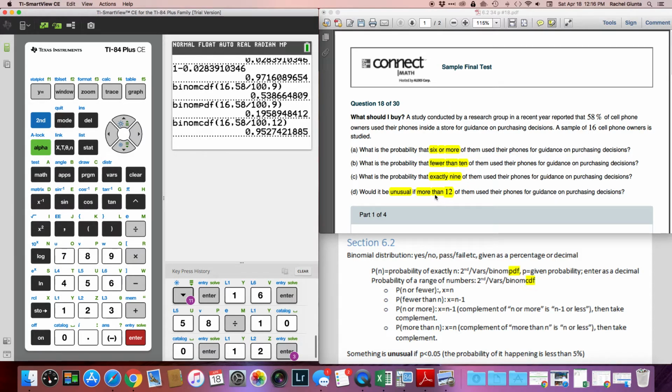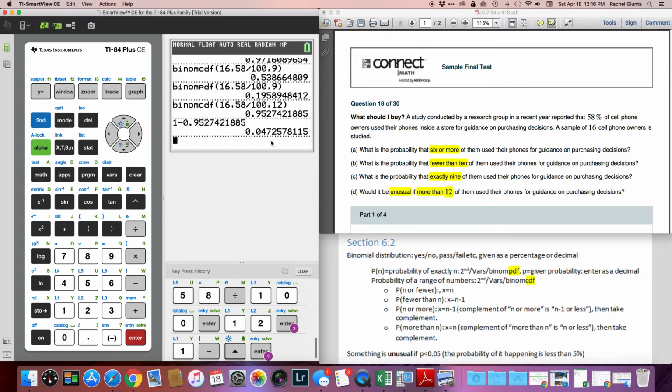And then because it's more than, we have to subtract from 1. So 1 minus the number you got for that, and it's 0.047 something something. And the question is, would it be unusual? So you take this number and compare it to 0.05.